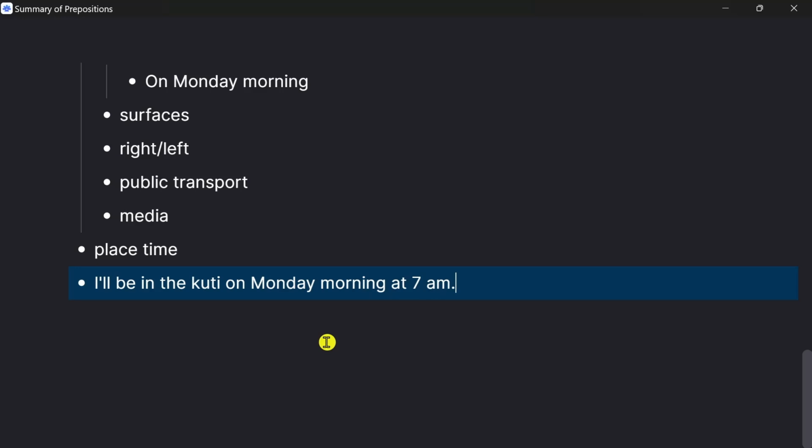You see? We start with the bigger one and then the small one. I feel like that, because the day is the bigger one for me. I'll be in the kuti at 7 on Monday morning is also okay.